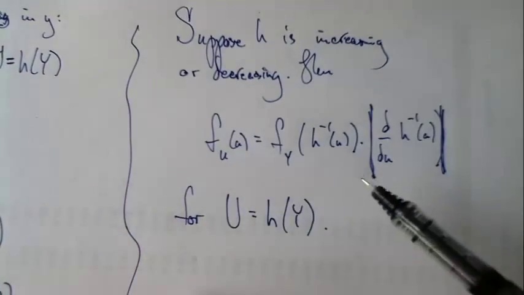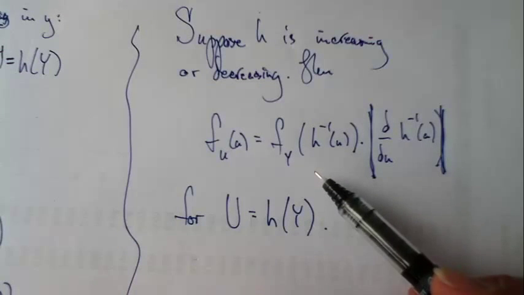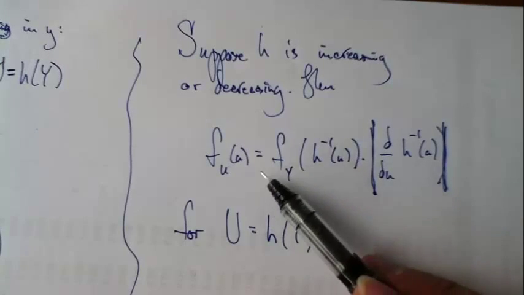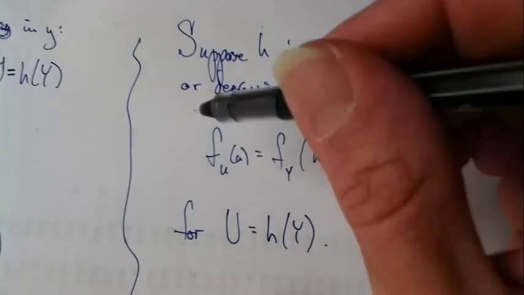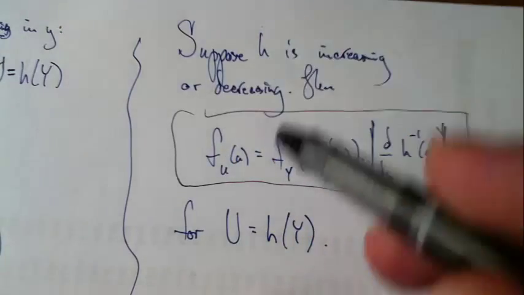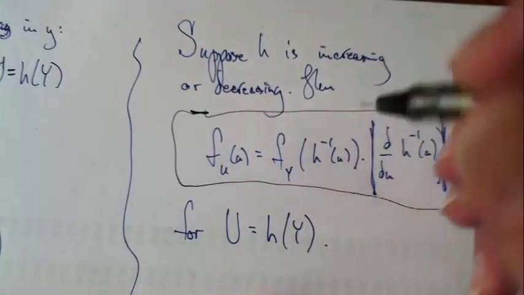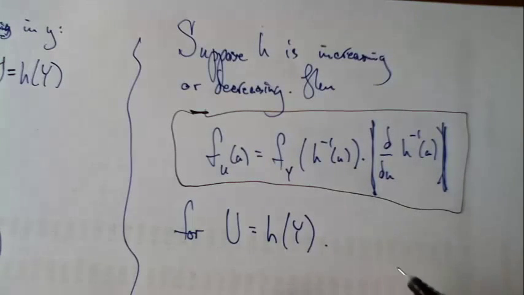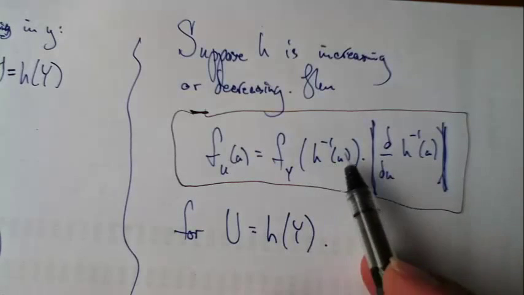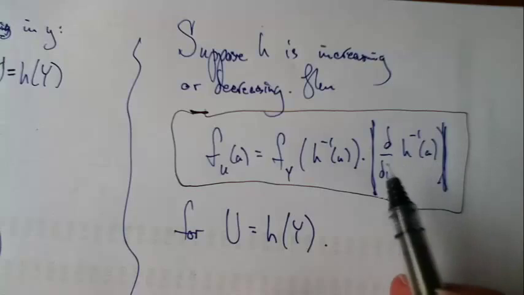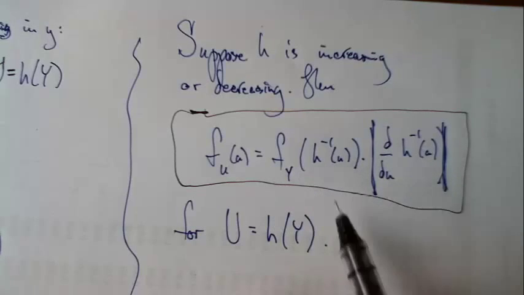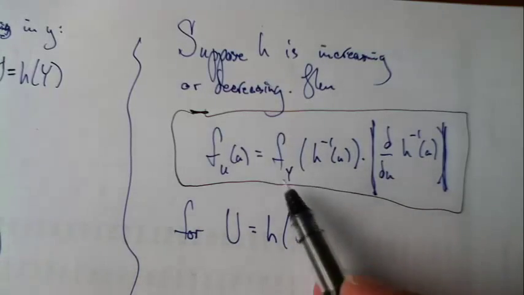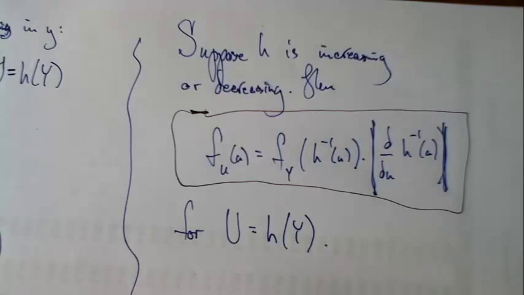What this gets us, though, is that if h is a strictly increasing or decreasing function, then this gives us a way to get the probability density function for u without having to go through the cumulative distribution function stuff. If I know my function h, I can get the inverse real quick. That's probably not a problem. I can take a derivative of that, get the absolute value, and use the density function evaluated at h inverse of u. So we don't have that intermediate stuff of having to deal with the CDF.